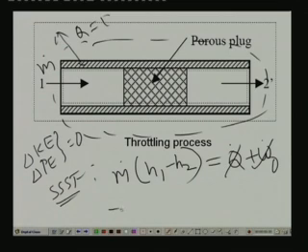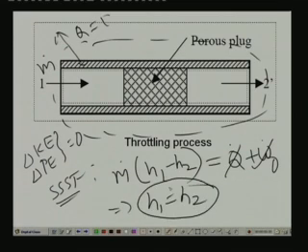So this implies that H1 should be equal to H2. That means the expansion using a restriction such as a porous plug or a valve leads to an isenthalpic process. That means the enthalpy of the liquid remains constant. Of course you must keep the assumptions in your mind. Under these assumptions, the enthalpy of the liquid remains constant.